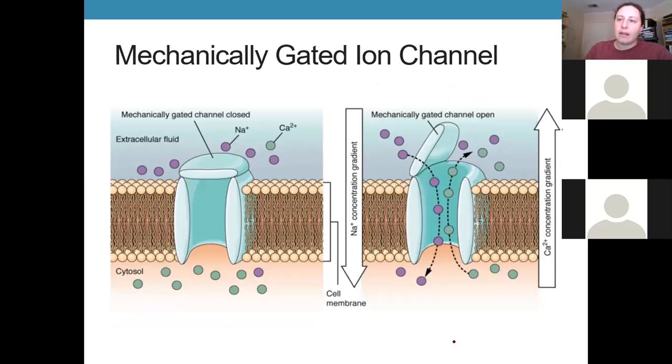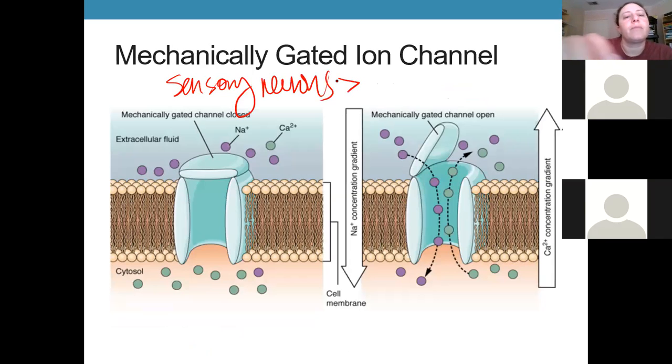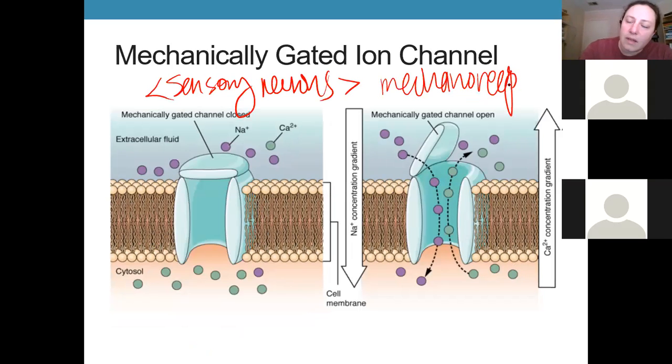When we look at mechanically gated ion channels, they're only going to be in sensory neurons, which, for the most part, are mechanoreceptors. So remember that we have different classes of sensory neurons based on the stimulus modality.